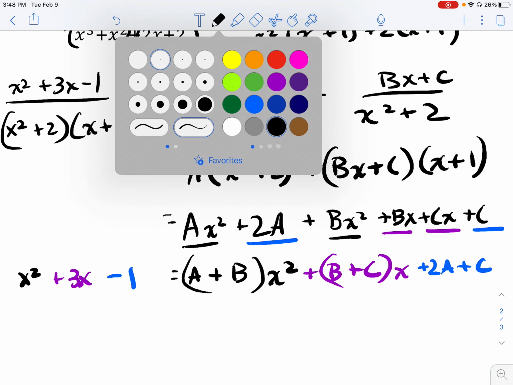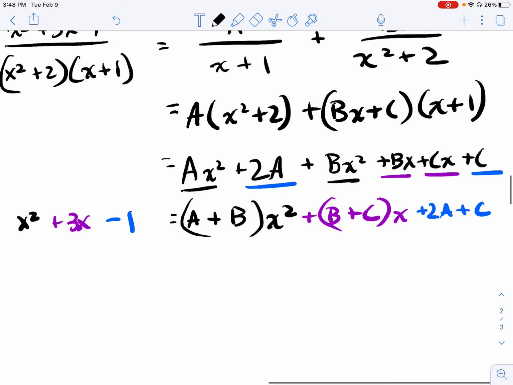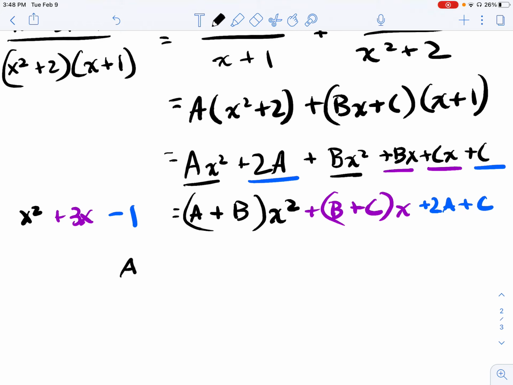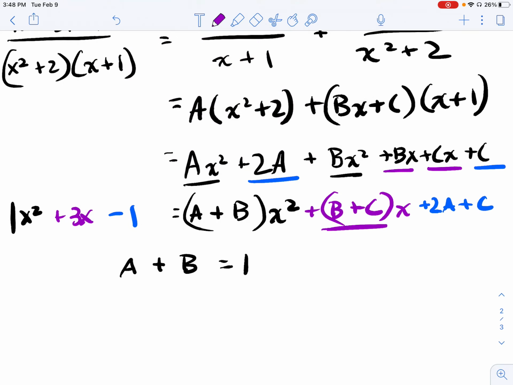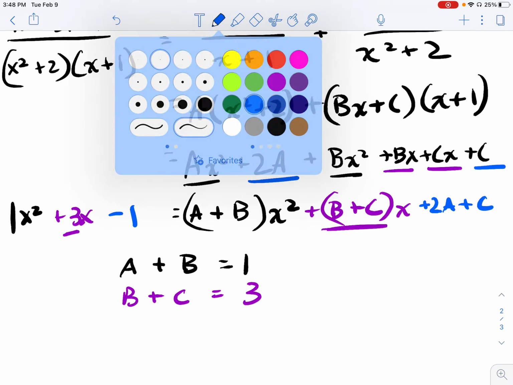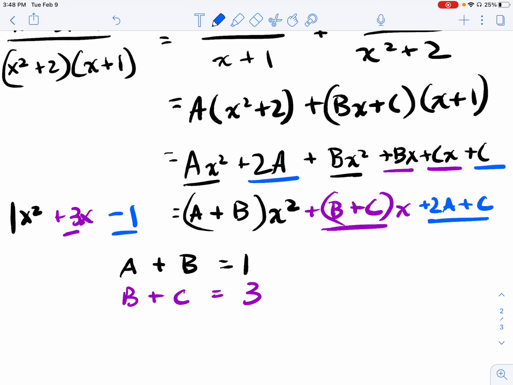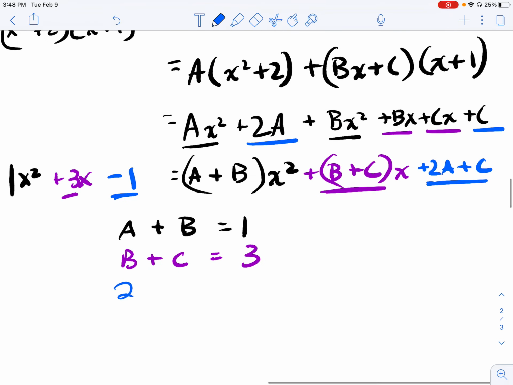So from here, we can go ahead and write our system as a plus b is equal to 1, because that's the coefficient in front of the x squared. B plus c has to be equal to 3. 2a plus c has to be equal to -1.